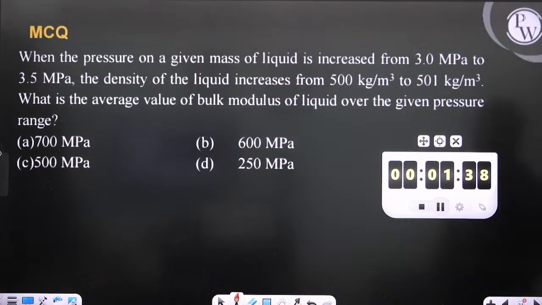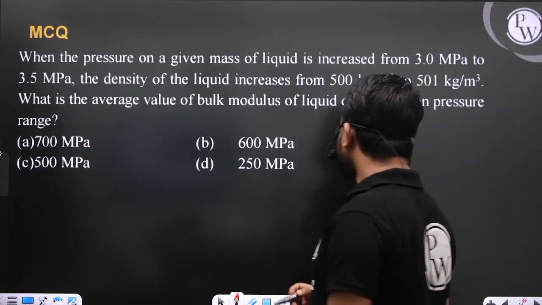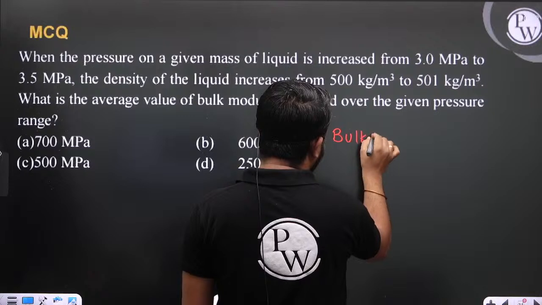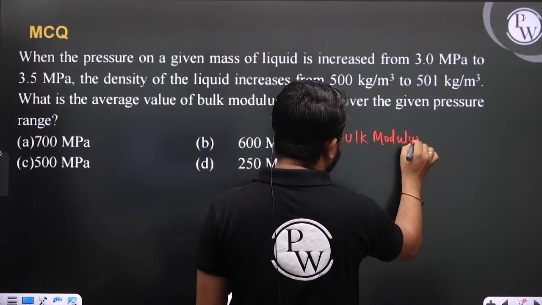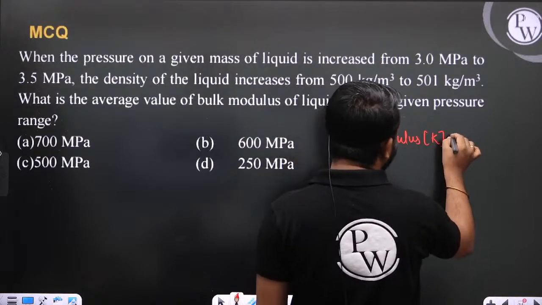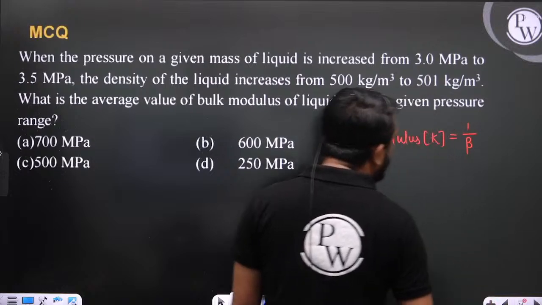Okay, now see. You know bulk modulus, no? Bulk modulus, that is K. And we know that it is the reciprocal of the coefficient of compressibility.